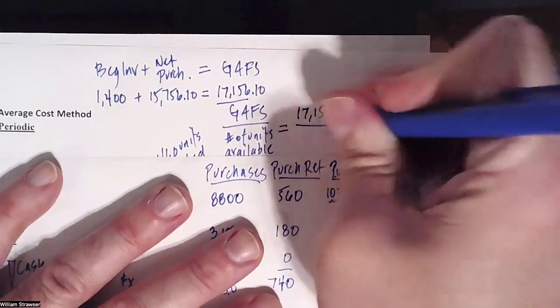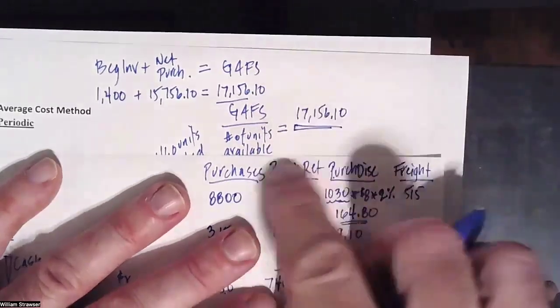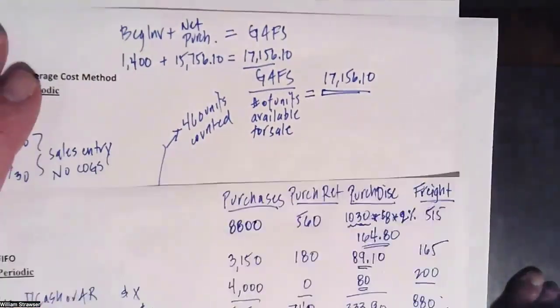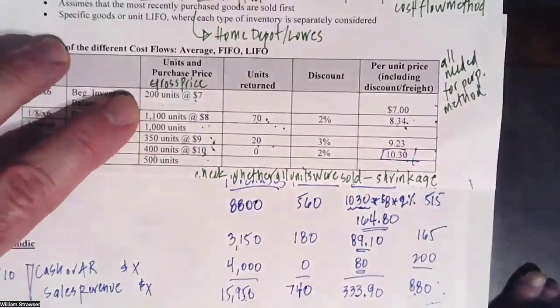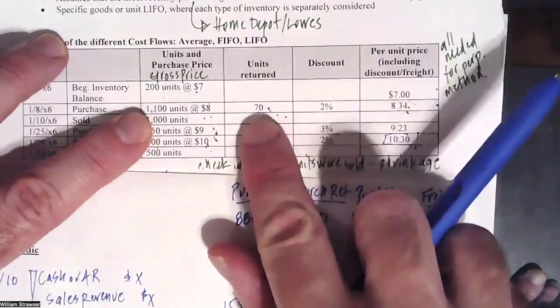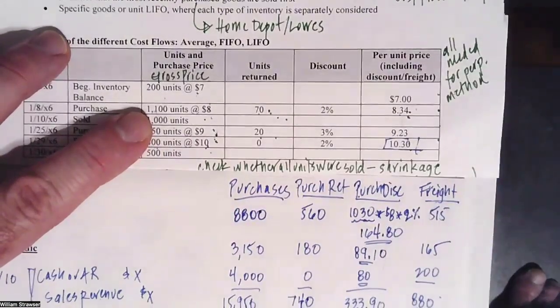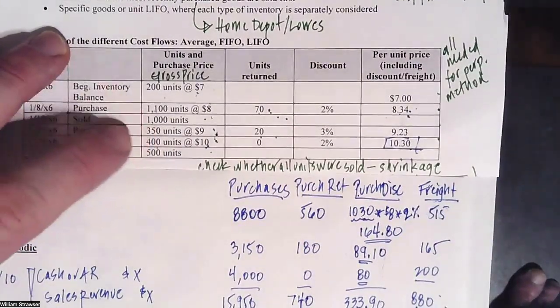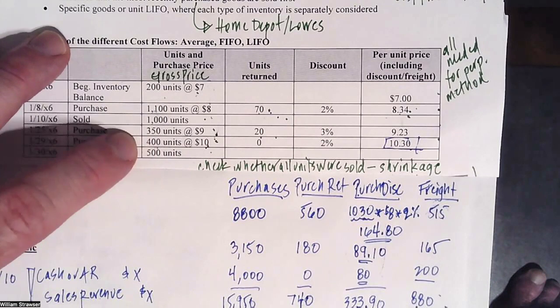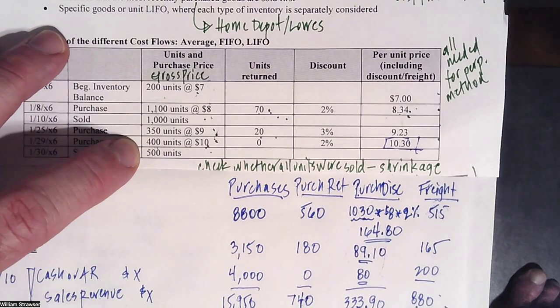And now we have to divide it by the number of units available for sale. Now, this isn't our ending inventory amount, right? Because we had 200 units to start. We added 1,100, but returned 70. So in net, I added 1,030. We bought 350, but returned 20. So in net, I'm going to add 330 units. And then finally, I'm going to add the 400 units.